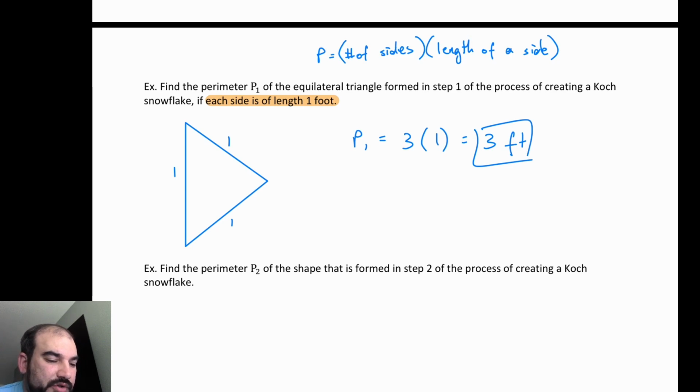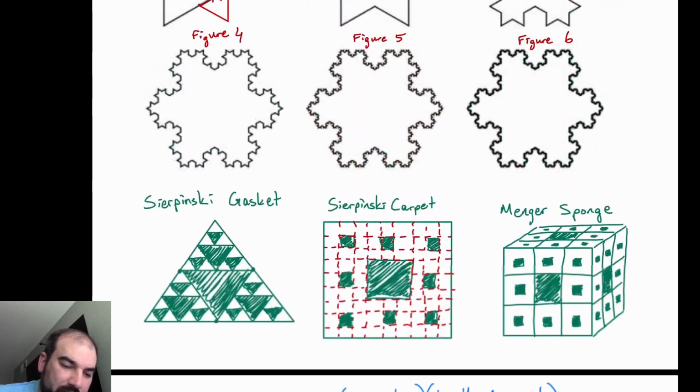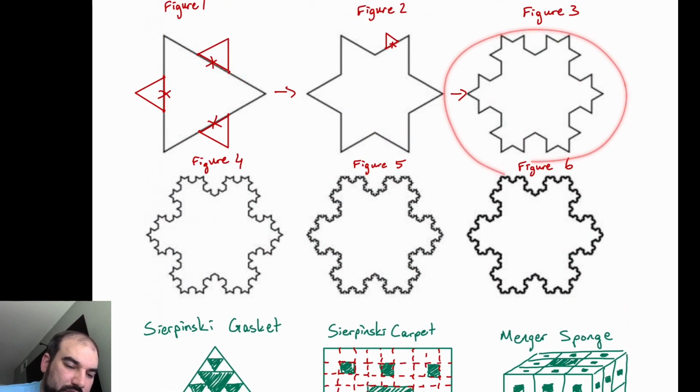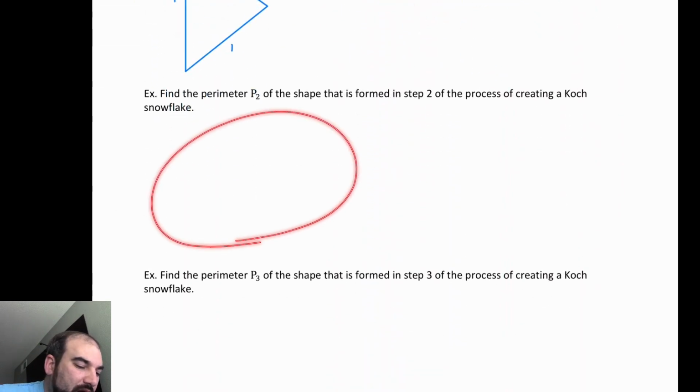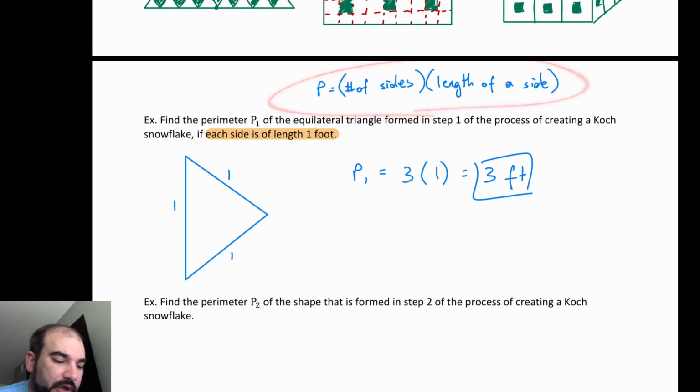You don't necessarily have to draw the whole snowflake for P3 because it's a lot of drawing to do, but you might want to draw it for P2 just so you can count the sides, and then do this perimeter calculation where you multiply number of sides times the length of a side. Any questions so far on how we're going to do perimeter for each of these figures?